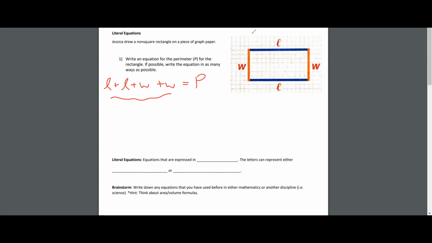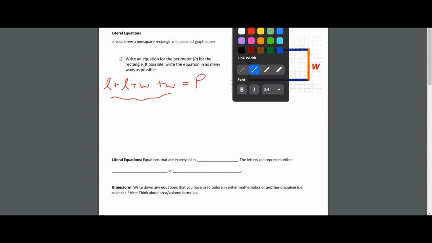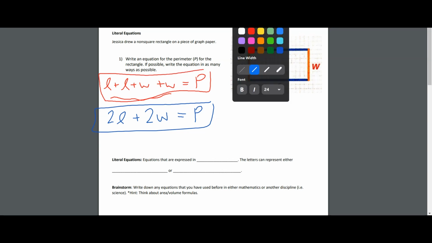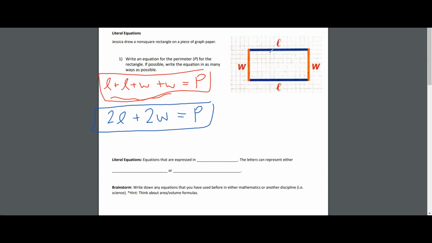But is there a different way to write this equation other than just switching the order of the L's and the W's? Well, there is, right? If we have L plus L, that is equal to 2L. And if we have W plus W, that's equal to 2W, which is equal to P. So we have one way, we have two ways, and believe it or not, there's actually one more.